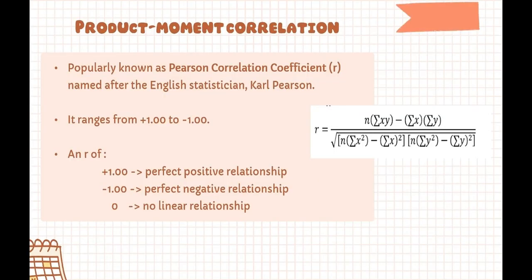Next is the product moment correlation, popularly known as Pearson correlation coefficient, or r, named after the English statistician Karl Pearson. It ranges from +1 to -1.